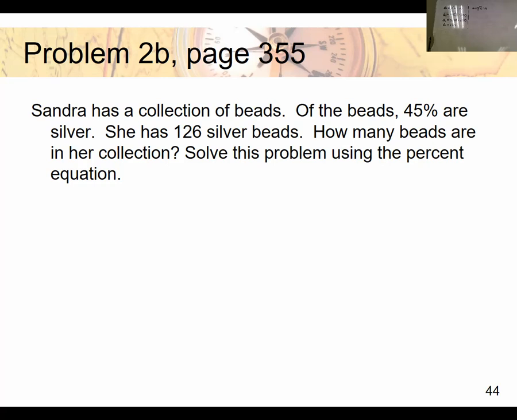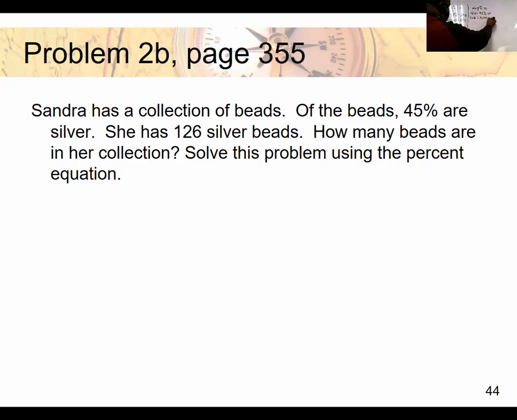Okay, she has 126 silver beads in her collection. So that's the part, that's the A. And that's going to be equal to 45%, which are silver, times N. All right, so what's 45% as a decimal? 0.45.